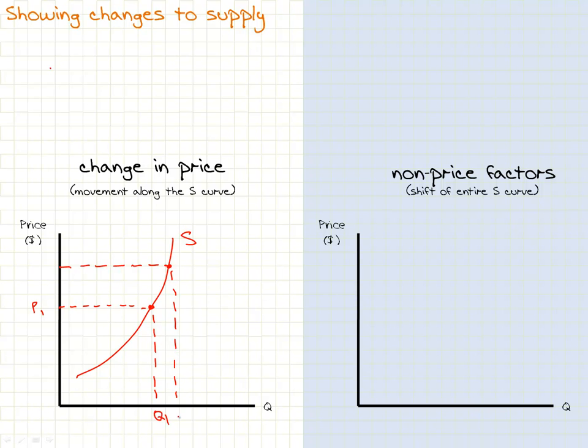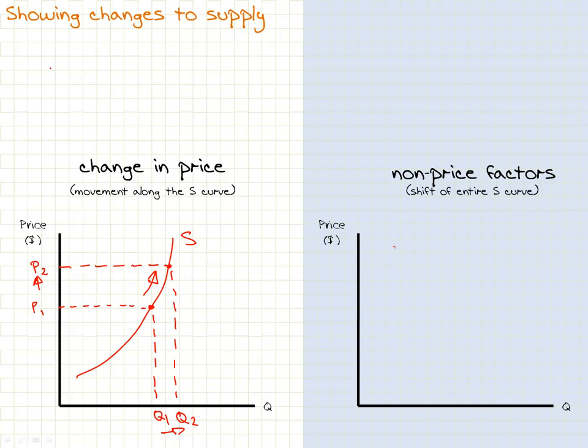So quantity supplied is going to rise from Q1 to Q2 because the price has risen from P1 to P2. So we get a movement along the curve. And of course if the price went down, we'd then get a movement down along the curve.